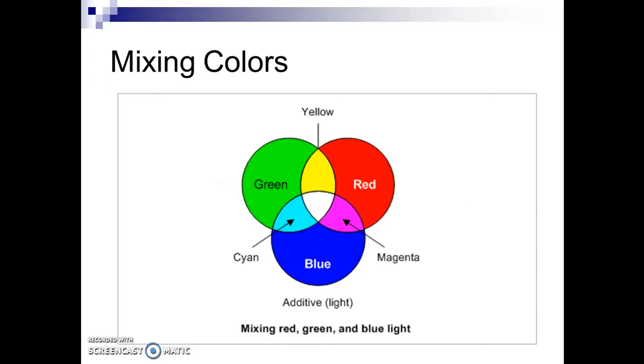And mixing of colors, we go back to preschool and talk about pure red mixing with green to give yellow, red mixing with blue to give magenta, and green and blue mixing to form cyan. And if we mix all 3 together in equal intensities, we get a white.